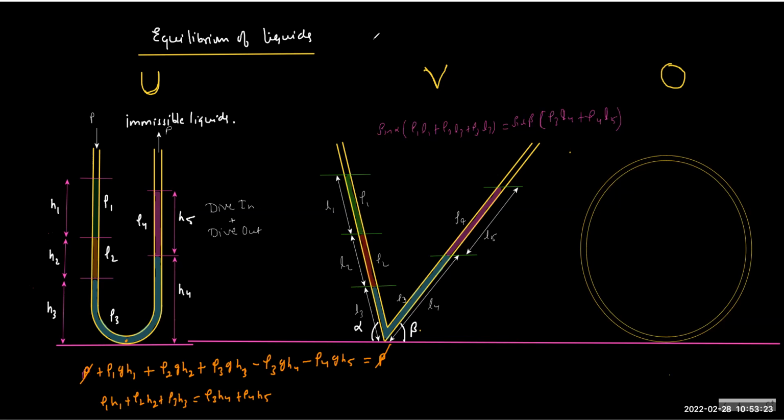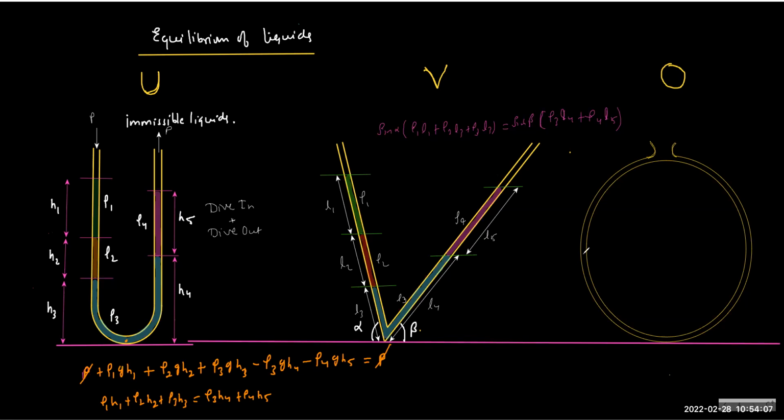And now, so now this is the O tube. You can pour the liquid from the top.